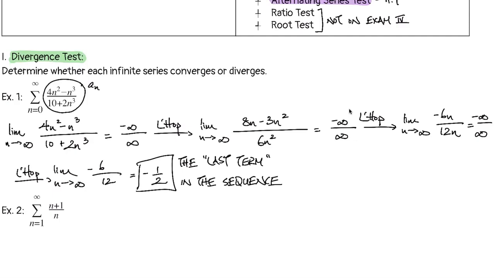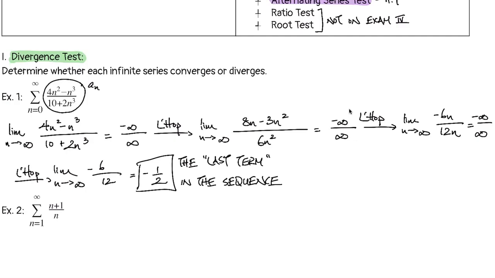Okay. So it's important as we're doing all these things to understand what it is that we're finding, and not just plug in things, follow some rules, and hope for the best, okay? So here we have negative 1/2 as the quote unquote last term in the sequence.